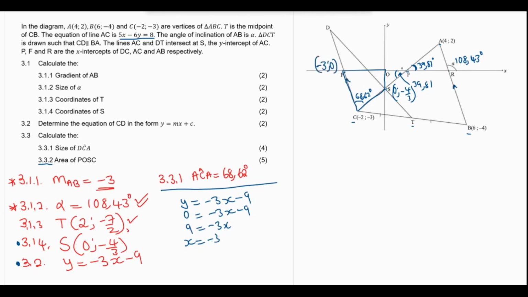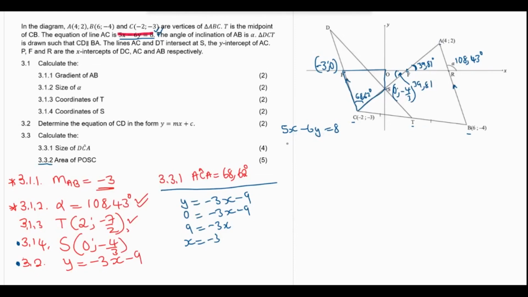Right? And then F is the x-intercept of AC. We have the equation of AC, so we can use this equation to find the coordinates of F. 5x minus 6y is equal to 8. And then we can find x.